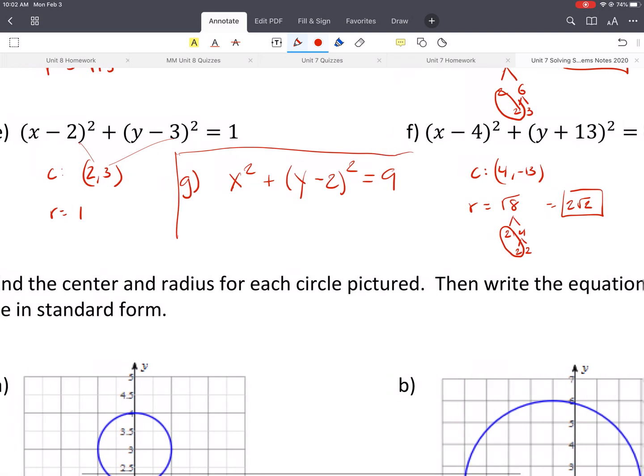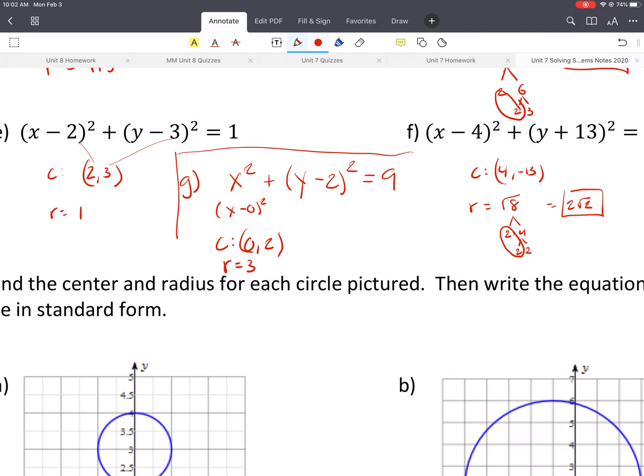Like the others, we all had numbers inside of our parentheses. So this one, G, we could write this as (x minus 0) squared. So if something's missing in the parentheses, it's just going to be a 0. So here, our center would be 0, 2, and have a radius of 3.